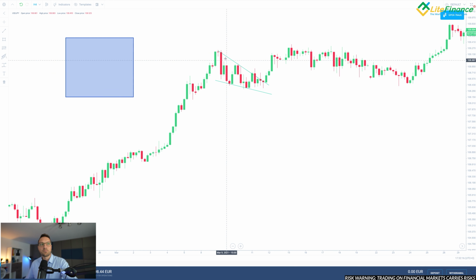As you can see, we have some kind of a wedge. From that moment it started to decline, creating lower highs here, and lower lows here. Either way, the range where the price was moving was getting tighter and tighter until finally we broke through and closed above the formation, and therefore the continuation started.